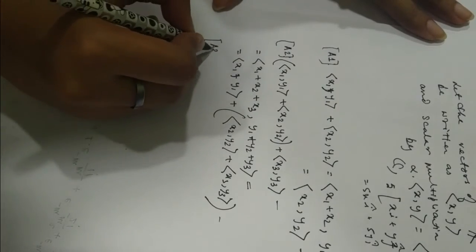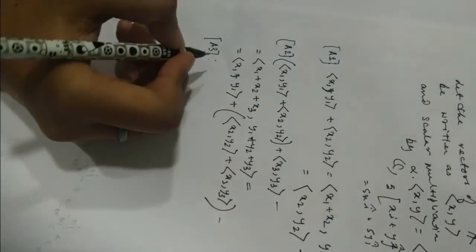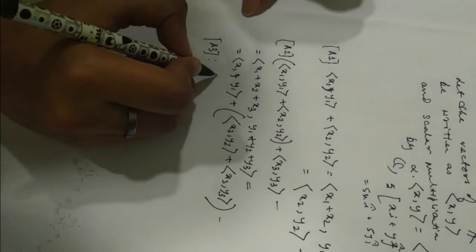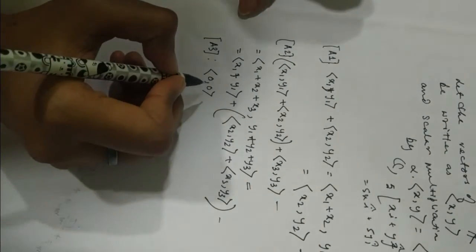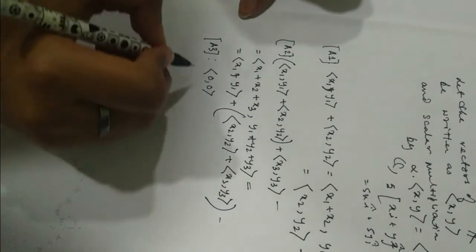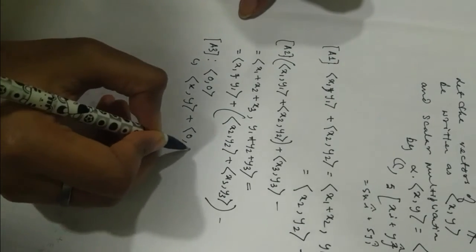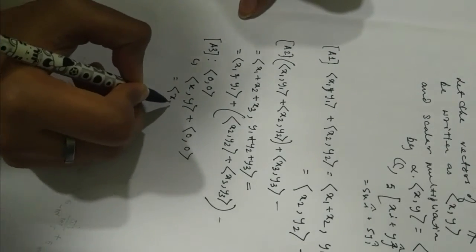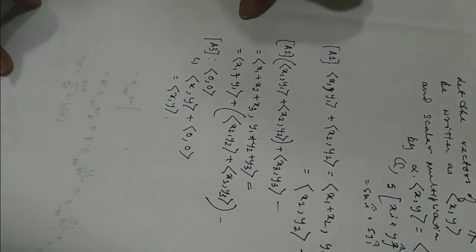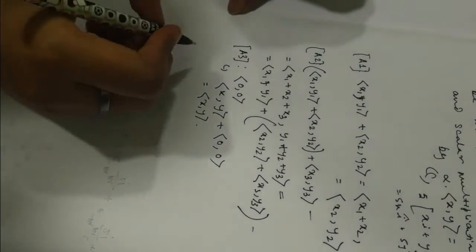Now we need to see if the additive identity exists, and obviously we have a vector (0, 0) in the two-dimensional space, such that if we add a vector with (0, 0), we will get the initial vector back. That means the additive identity does exist.